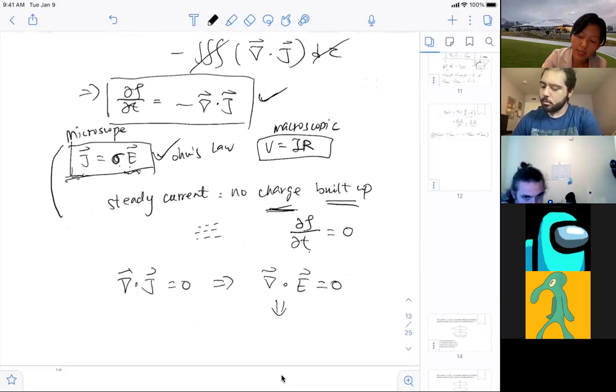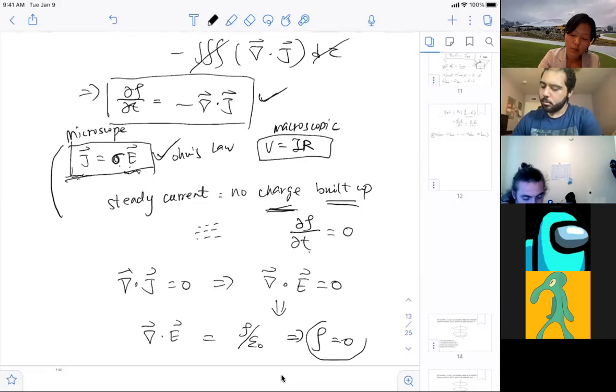And again, we know that divergence of E is equal to rho over epsilon naught. That's Gauss's law. And we get rho is 0. So that just tells me that the charge density inside a steady flow is 0, right?